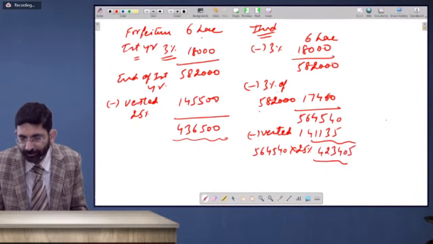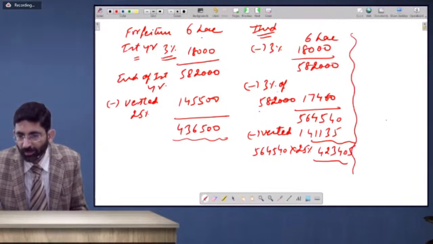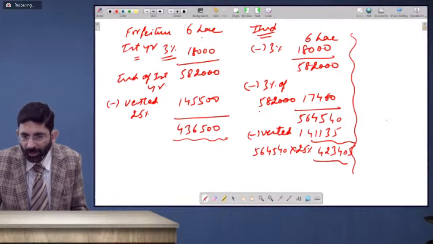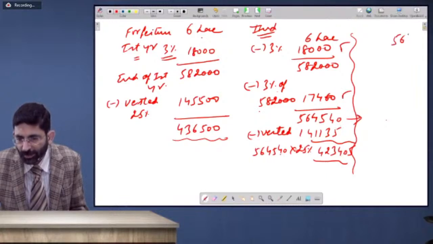Yes, it will be 4,23,405. So in third year, 3% will be deducted again, out of this, that is 5,64,540.